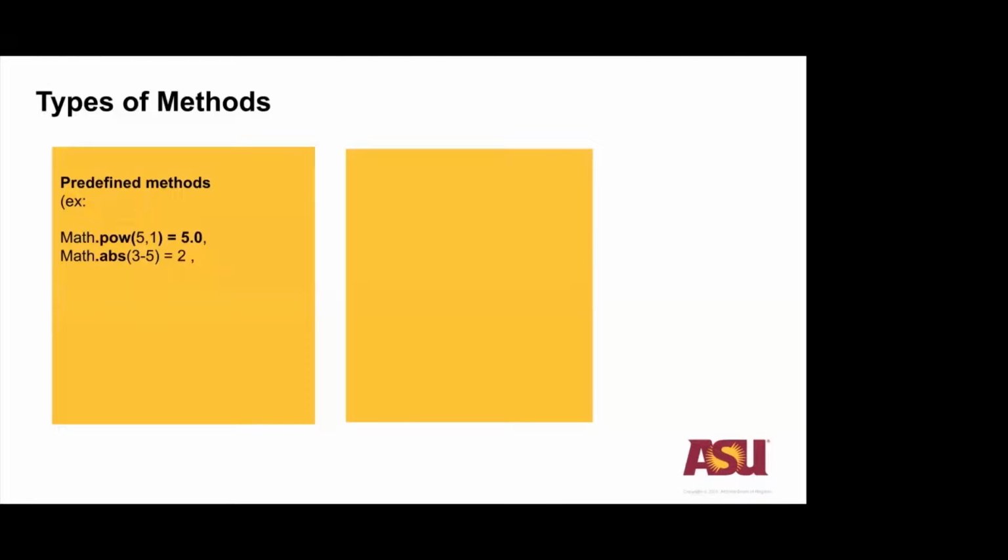And other methods, like Math.abs, will return the absolute value of the result in the parentheses. In this case, 3.3 minus 5 equals -1.7, and it will return the positive value. The third predefined method in the Math class that's pretty common is square root.